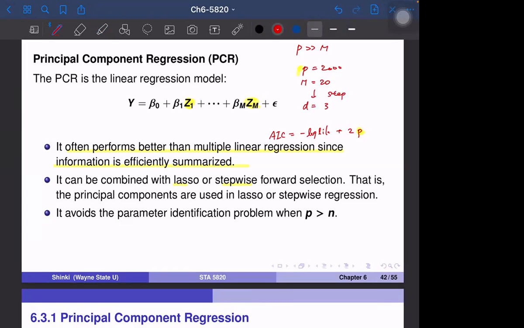Usually it does not make much sense, because the first principal component is most important, the second is second most important, so usually the first few components are important. It's rare that the model chooses z1 and z3 and z6. But at least to determine m, maybe we can choose some methods such as a stepwise procedure.